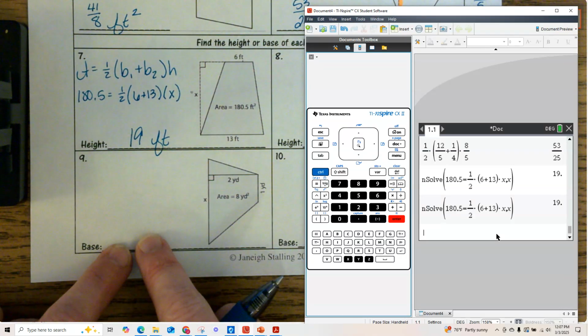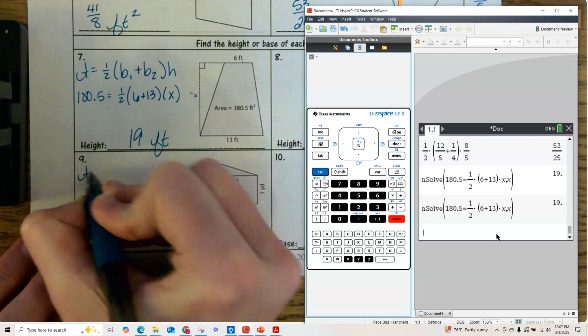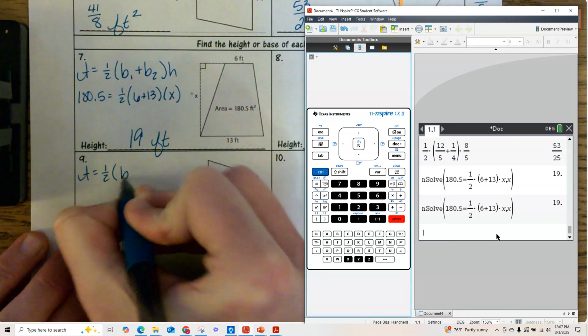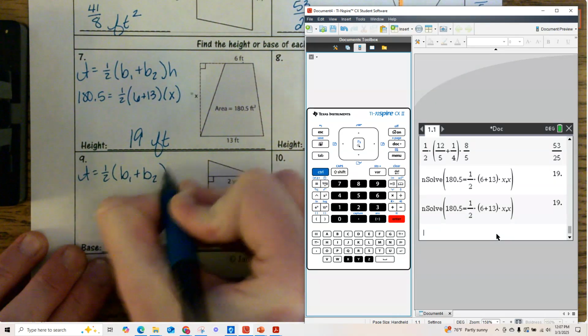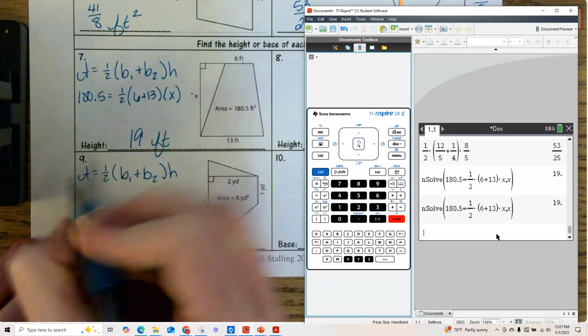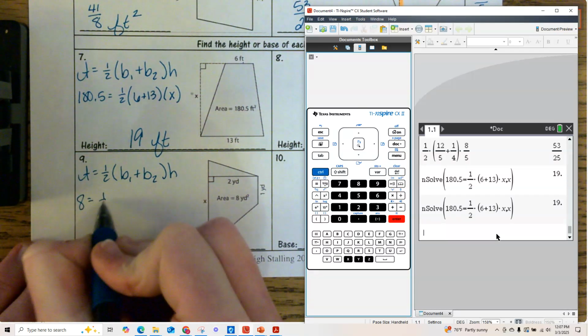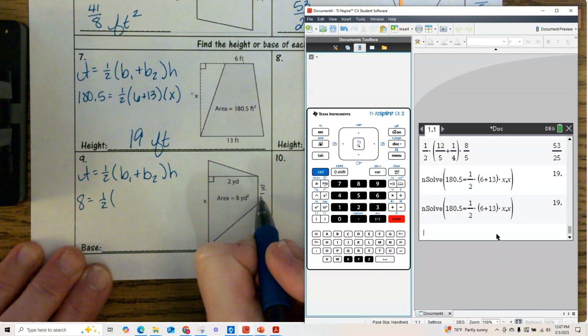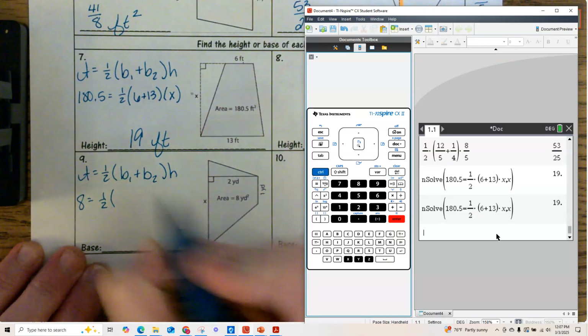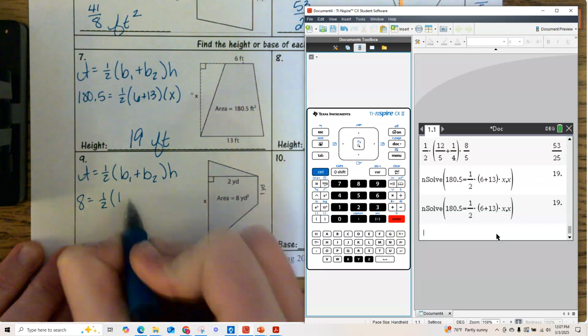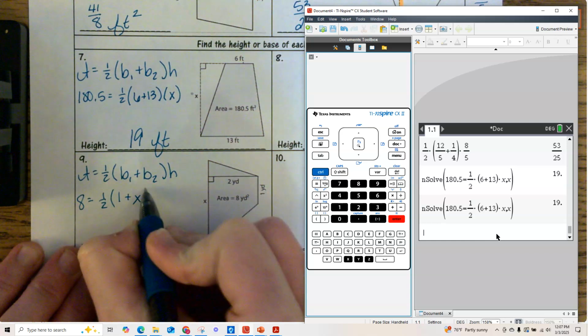All right, to find a base, same process. We're going to use our formula and fill in what we know. So our area is 8. Base 1, so we've only got one base here, is a 1. The other base is our unknown. It's our x.